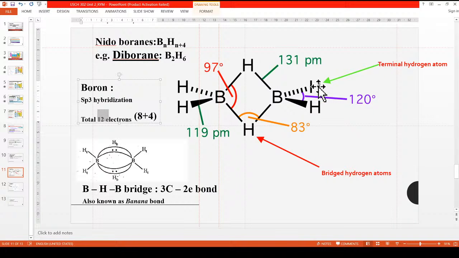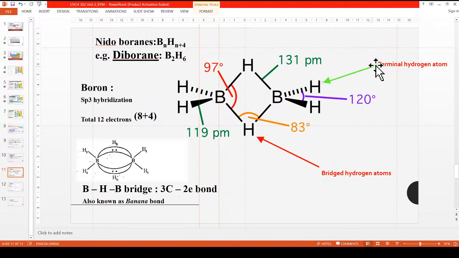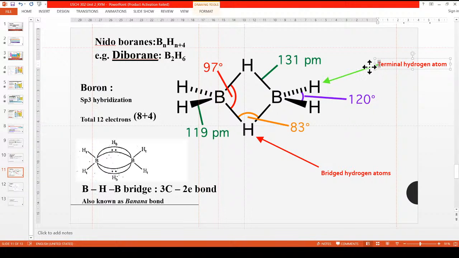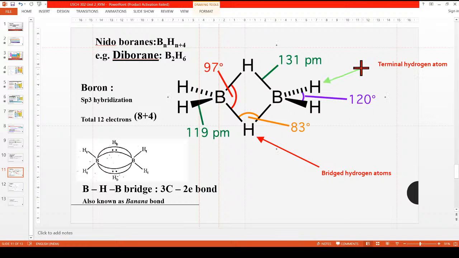And the bond angle between terminal hydrogen, boron and terminal hydrogen is 120 degrees. And the bond angle of the bridged boron hydrogen boron is 83 degrees. So in this structure, though boron has undergone sp3 hybridization, the bond angles and bond lengths are different. This type of structure is different because of the electron deficient nature of this type of compound.